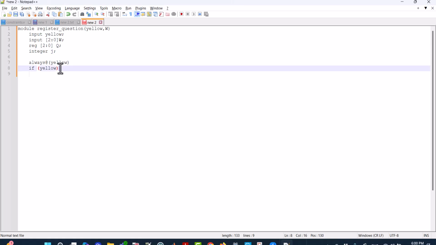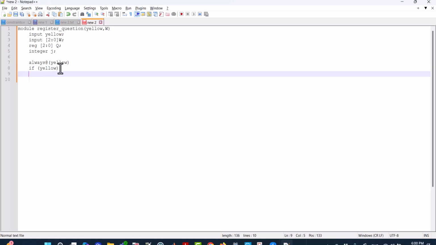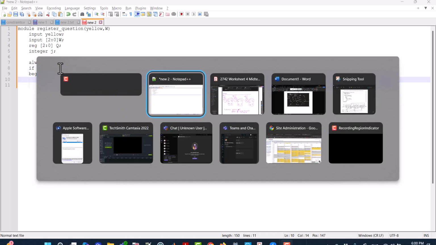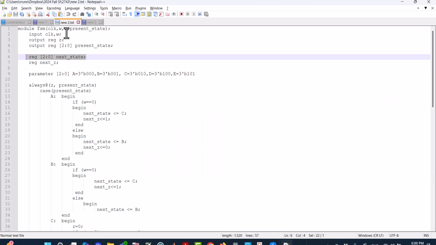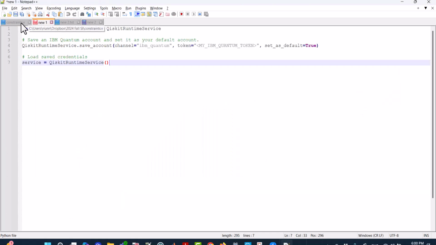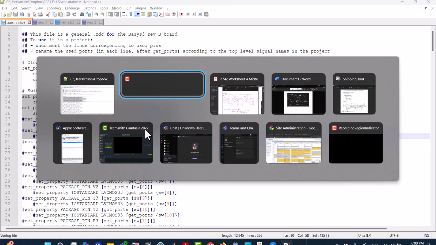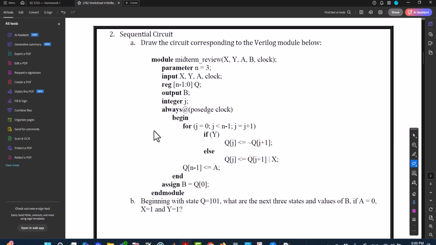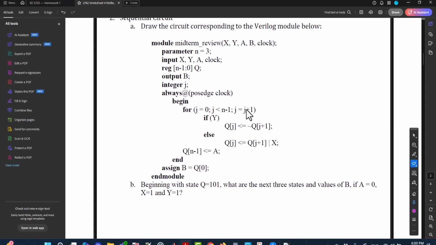Then I'll have begin for. And let me do this correctly for Verilog. Open parentheses.